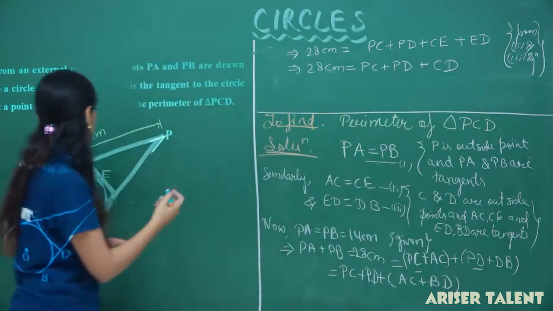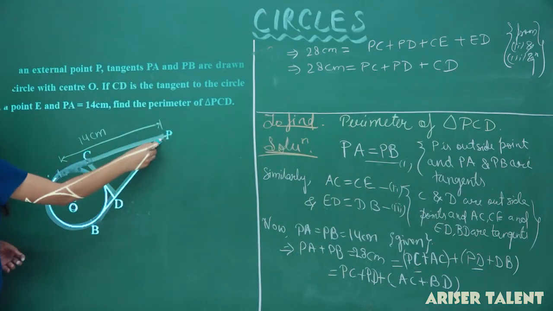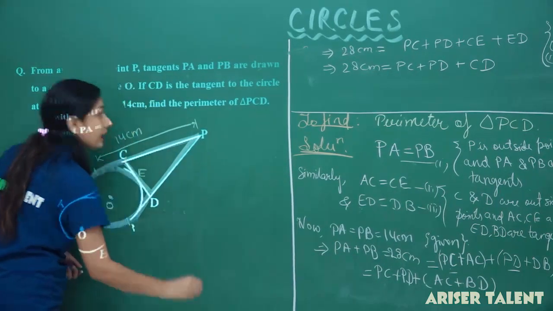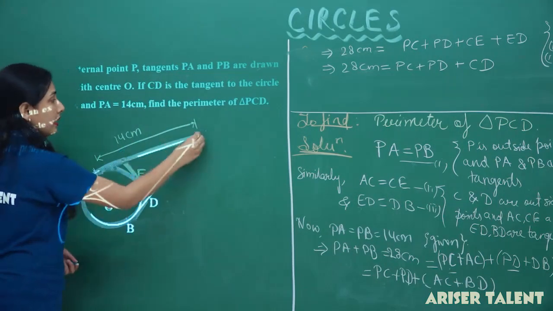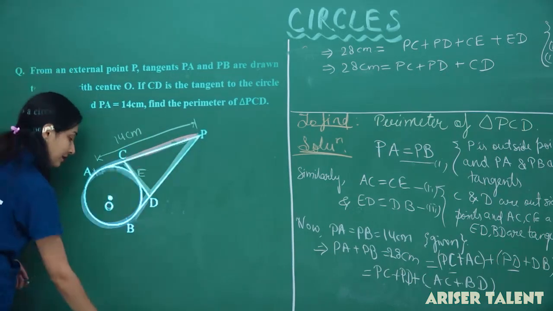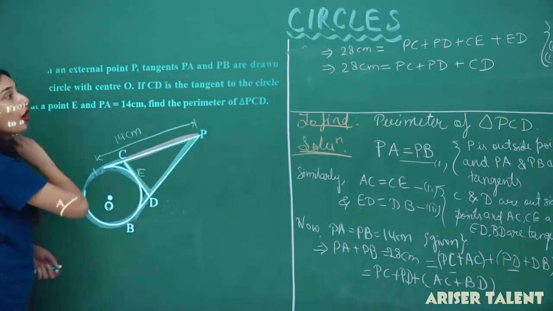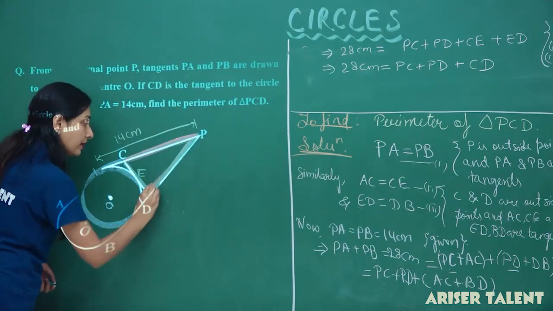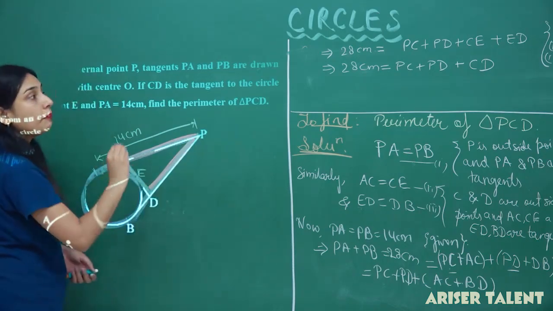Now it's saying PC. Okay, I'm using a different chalk here so that you can see that PC, right? This PC, okay, plus PD, that is PD, okay, plus CD.